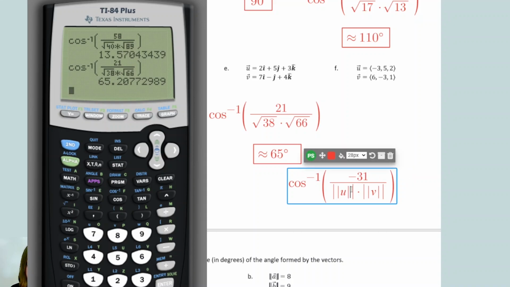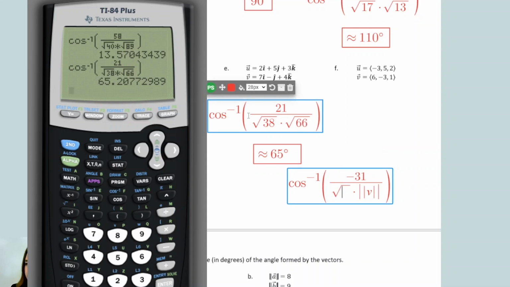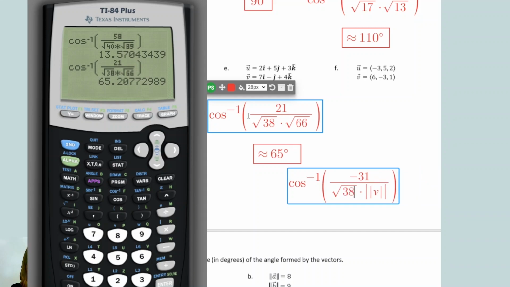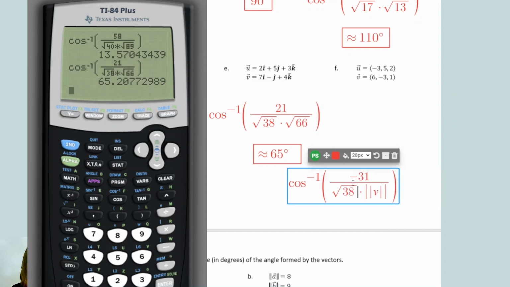The magnitude of vector u is going to be the square root of -3 squared, or just really 3 squared, will make it easier to type, plus 5 squared, plus 2 squared. So 3 squared is 9, 5 squared is 25, 2 squared is 4. 9 and 25 is 34 plus 4 should be 38. So the magnitude of vector u is root 38.